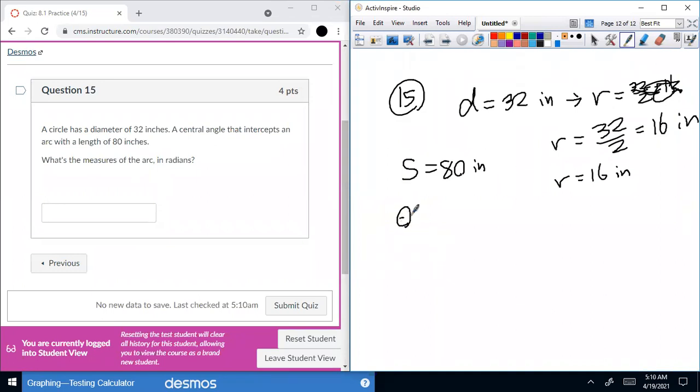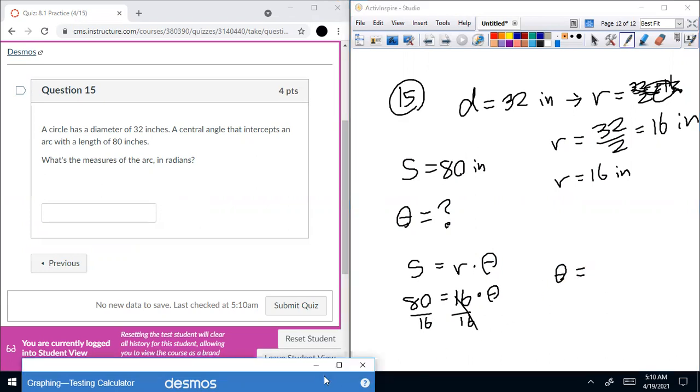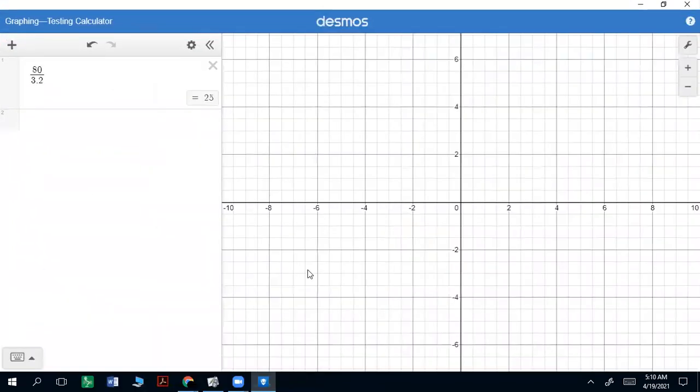So radians is what we're trying to find. S equals r times theta. 80 equals 16 times theta. Let's divide. 80 divided by 16 is going to be 5.